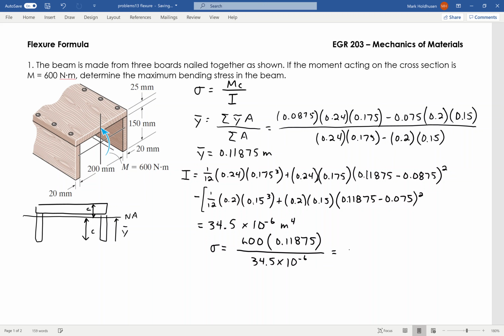And from that, I get 2.06 megapascals as my answer.